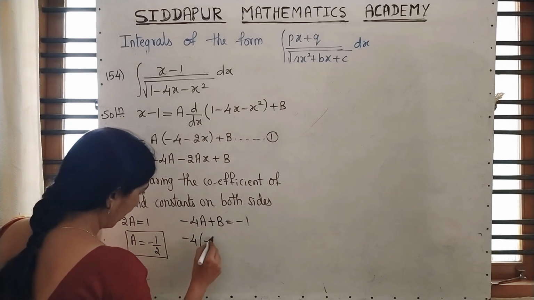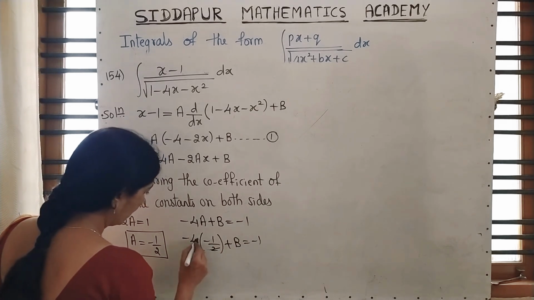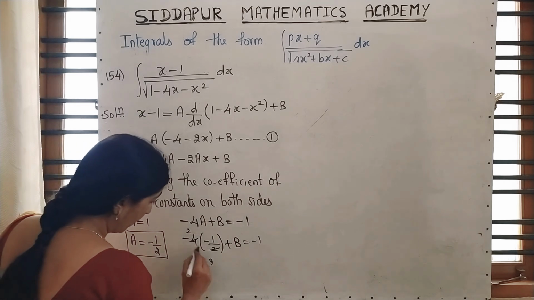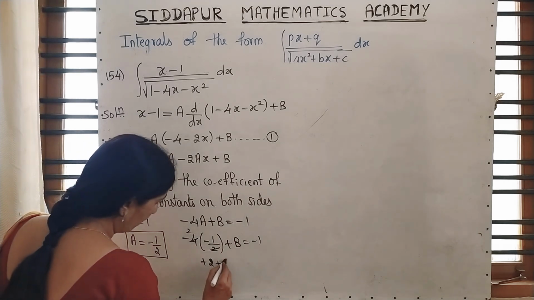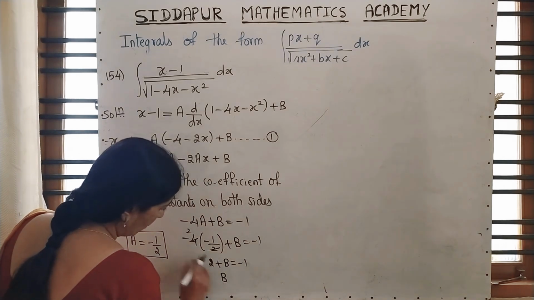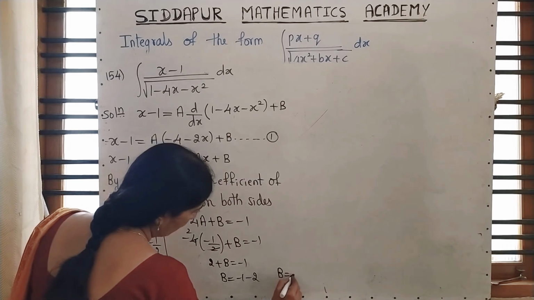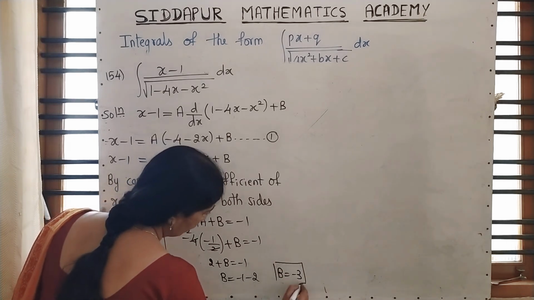Write down that a value. Minus into minus plus 2 plus b is equal to minus 1. b is equal to minus 1 minus 2, that is b is equal to minus 3.